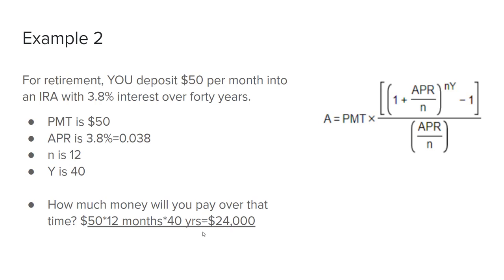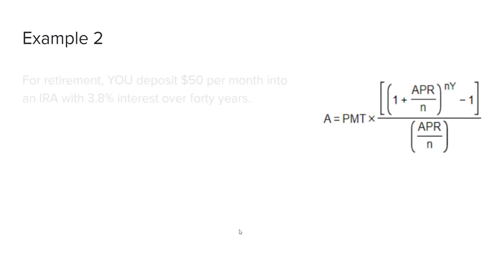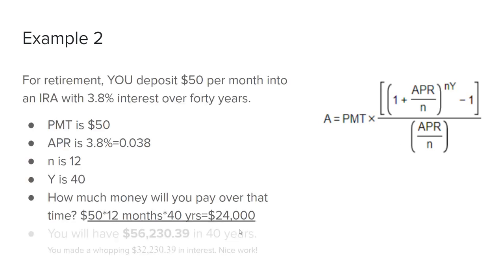This is the money that is physically coming from your check, your employer most likely, and going directly into this IRA. This is your money. But because you get interest on that IRA, we should have more than $24,000 in that account.